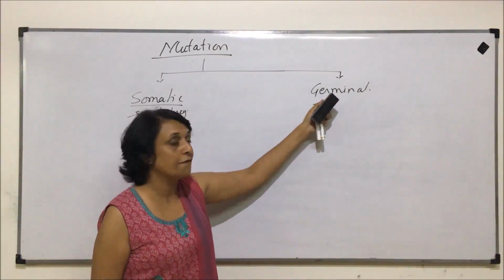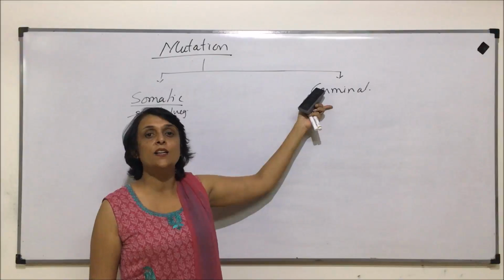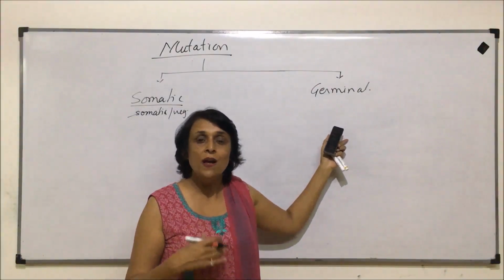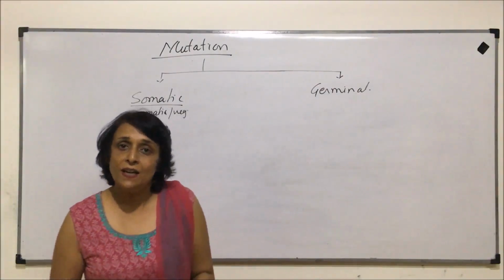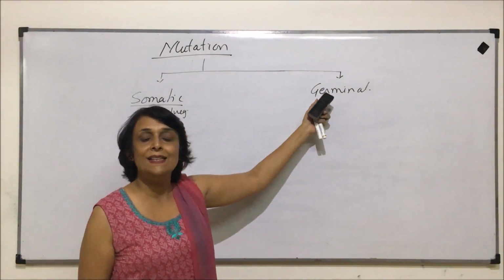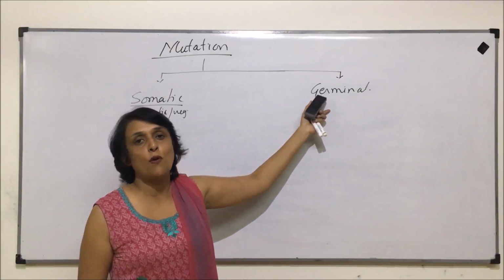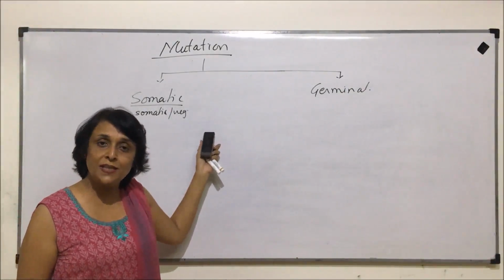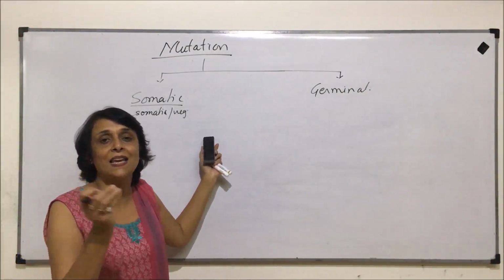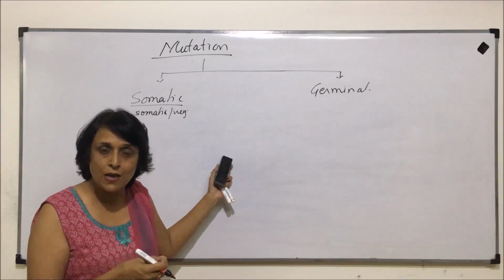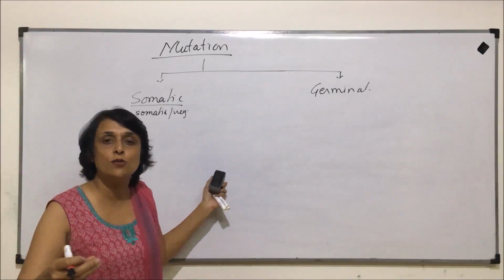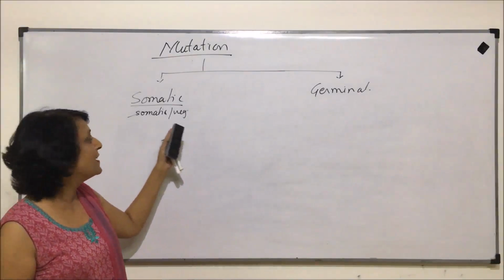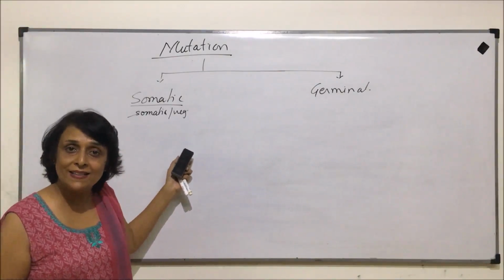That means if the germinal cells undergo mutations, then these mutations get inherited from the parent generation to the offsprings, because these are the cells which are responsible for formation of the gametes. Whereas if somatic mutation takes place, that means if somebody gets skin cancer due to mutation, then that skin cancer is not passed on to the offspring, because the mutation that took place was in the vegetative cell or somatic cell.